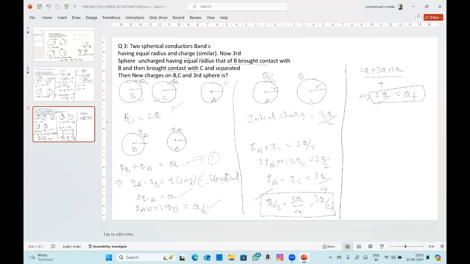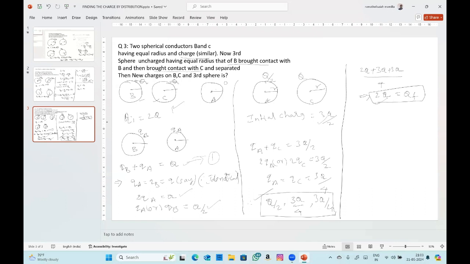QB is the charge on B after the conduction process, and QA is the charge on A after the conduction process. These two are identical, as in the first example illustration, so QA is equal to QB, therefore QA or QB is equal to Q by 2. So now Q by 2 and Q by 2 are the charges on B and A.